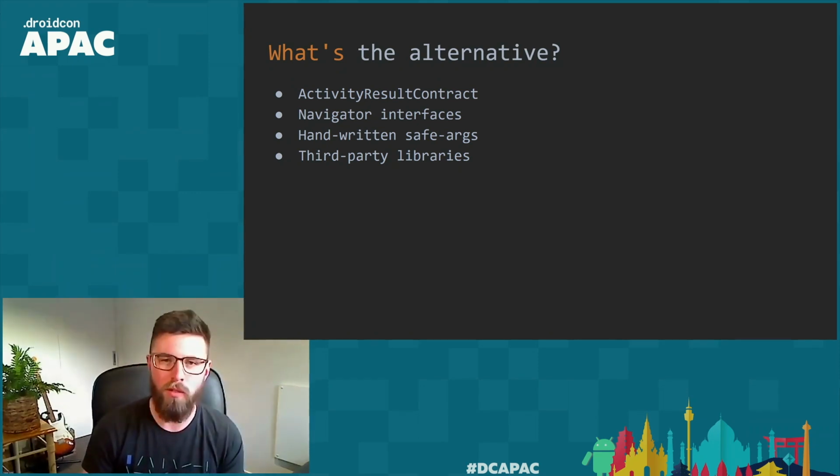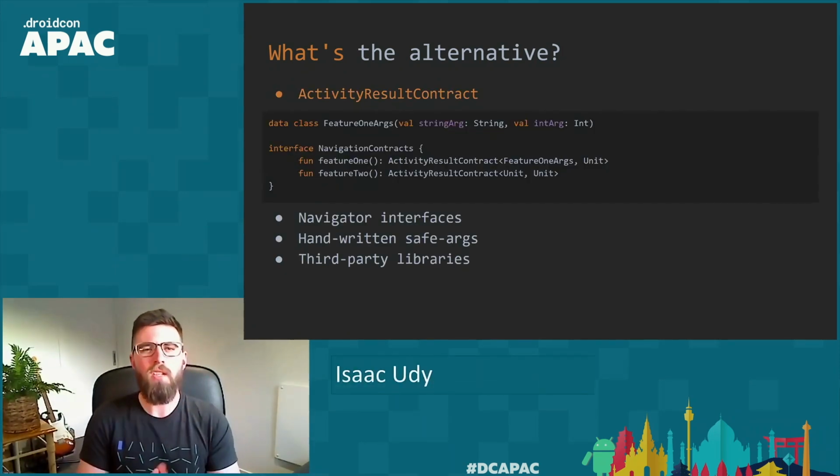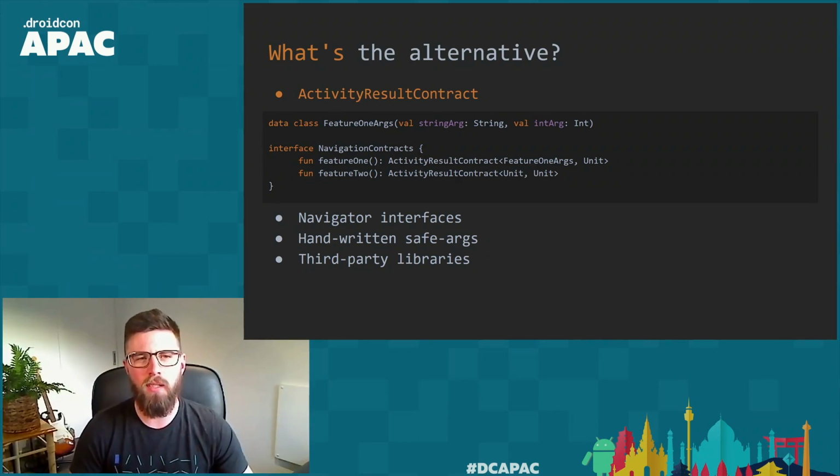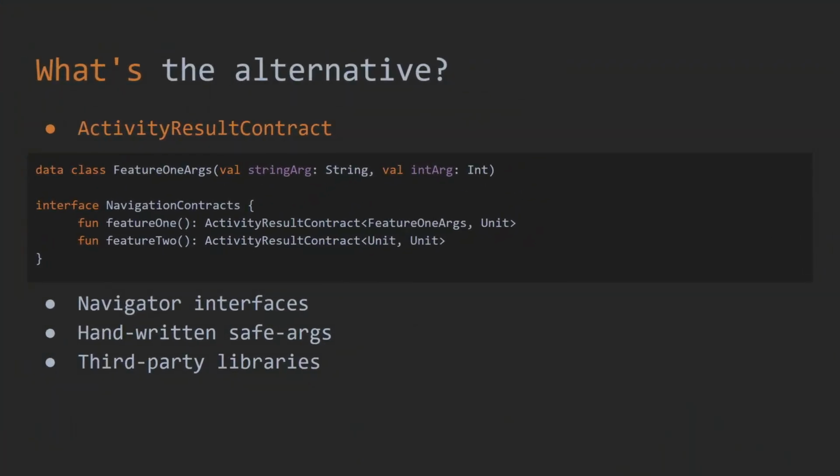Let's start with activity result contracts. Activity result contracts were a new feature of AndroidX Activity, released earlier this year. An activity result contract defines an input and an output type in a generic way, and you implement the activity result contract and then override a few methods to create an intent or parse a result. One way of using these in a multi-module project would be to define an interface in your core module, like I have there with the interface navigation contracts.